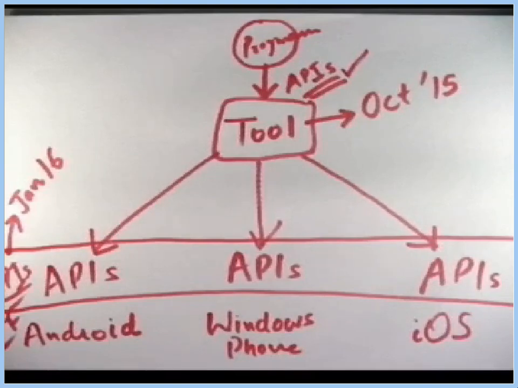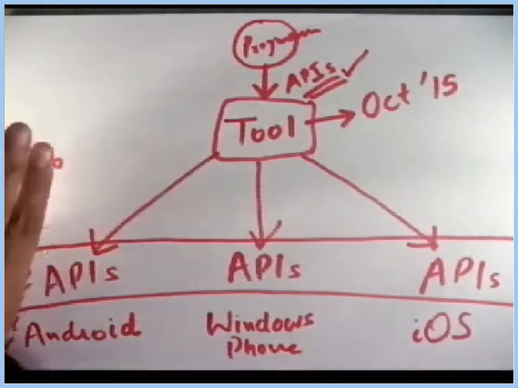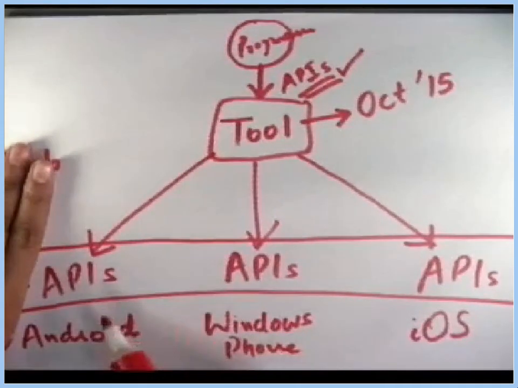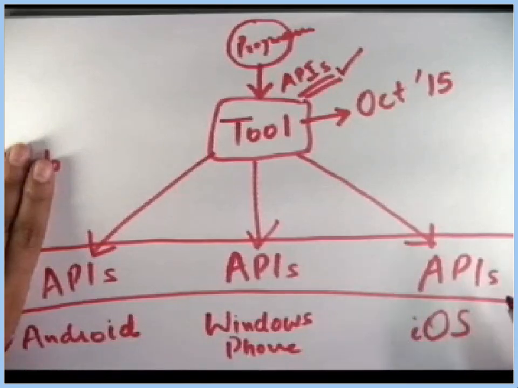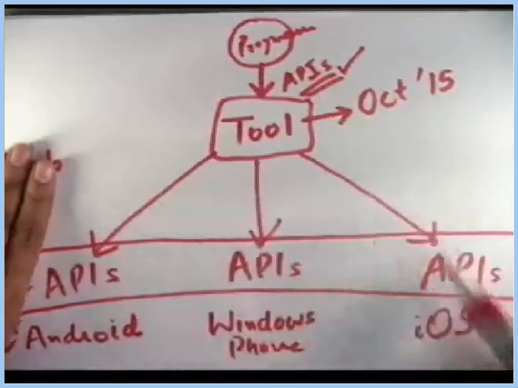Yes. So I think everybody has been able to understand except for Jaya. I'll repeat the question again for your benefit. My question was that Android had some APIs which it provided, Windows Phone has some APIs, and iOS has some APIs, and my tool supports all these APIs.